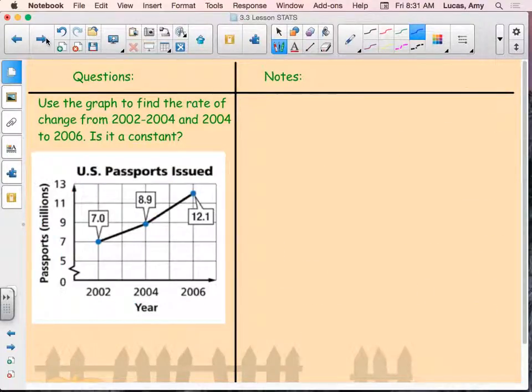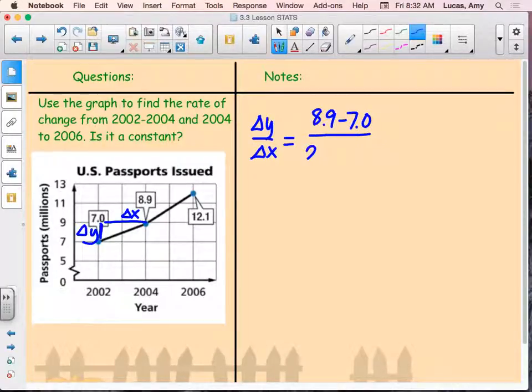Okay, our next one, same idea as the last time. Now we're talking about US passports that were issued, still millions, still years. So my first interval, this is my change in Y and my change in X. So change in Y would be 8.9 minus 7.0, and the change in X would be from the years, so 2004, 2002.